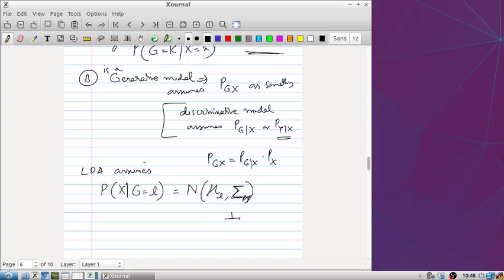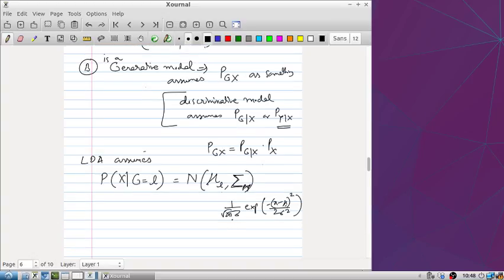For a one-dimensional Gaussian, you remember, it was just 1 by square root 2 pi sigma times exponent of minus x minus mu square divided by 2 sigma square. Similarly, in multi-dimension, it's going to be 1 by square root 2 pi, and instead of sigma there is the determinant of sigma inverse.